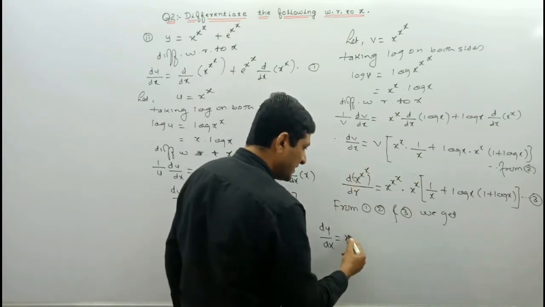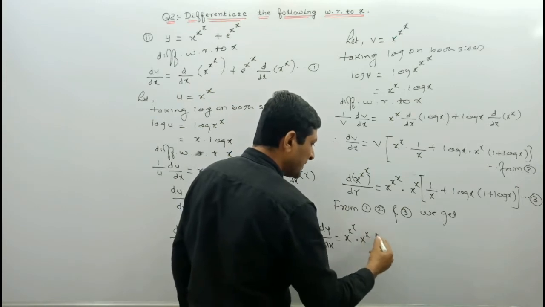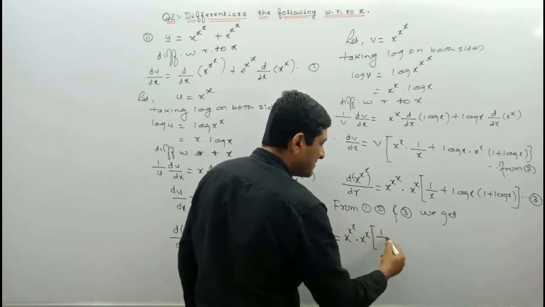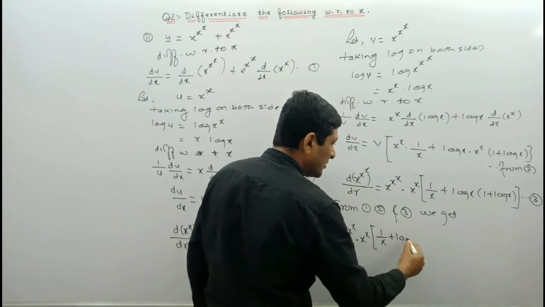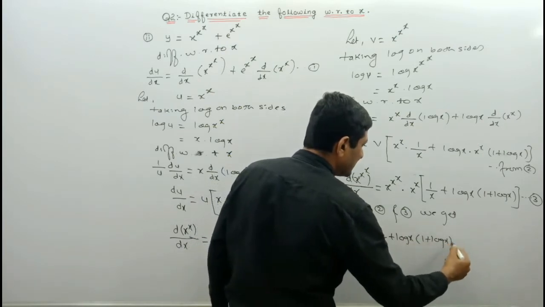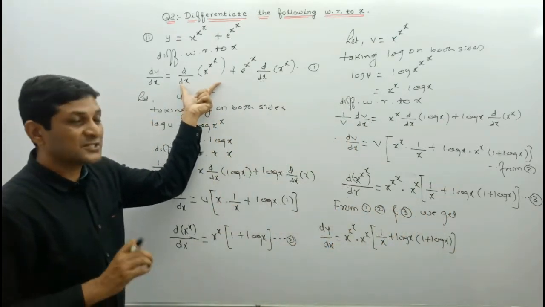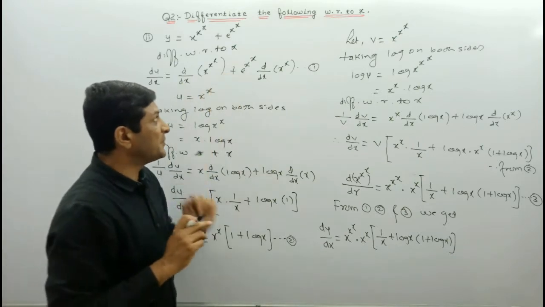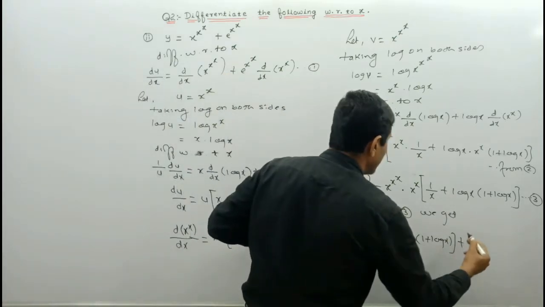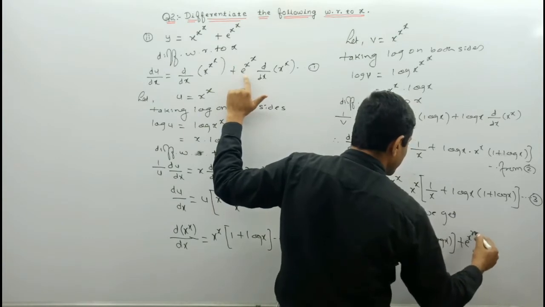This value we have obtained in equation number 3. What is this value? x raised to power x into (1 by x plus log x into 1 plus log x). Now the value of the derivative of x raised to power x is substituted, plus keep it as it is. Again observe the second term, e raised to power x raised to power x, keep it as it is.